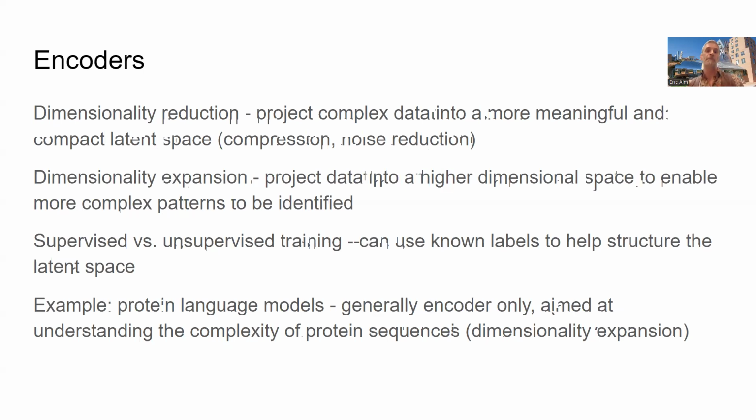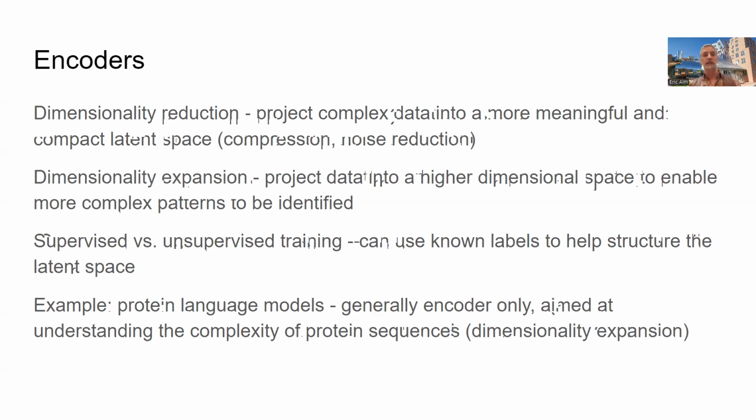And that's great if we can take all of our images and reduce them into this compressed space, and then we'll need some other architecture to expand that out into an image. Okay. So one task is dimensionality reduction. So take complex data, collapse it down to a simpler form.